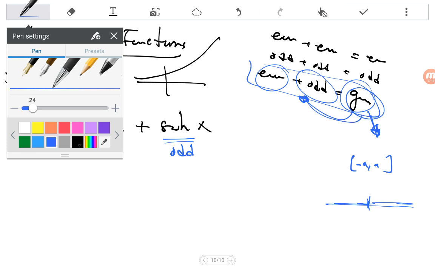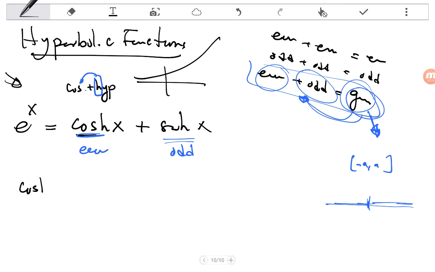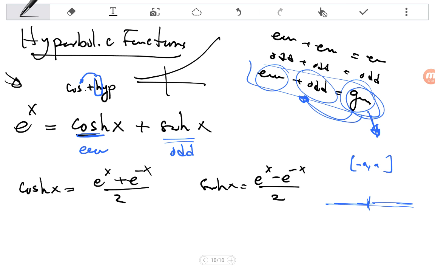What are these two components? They are exactly like this. Cosh x is e power x plus e power minus x over 2. And sinh x is e power x minus e power minus x over 2. If you check these expressions, you will find one is an even function and one is an odd function.